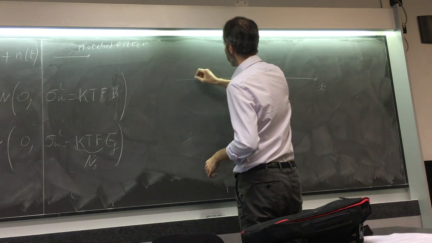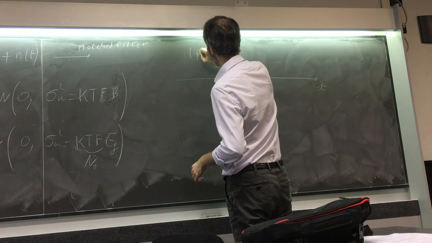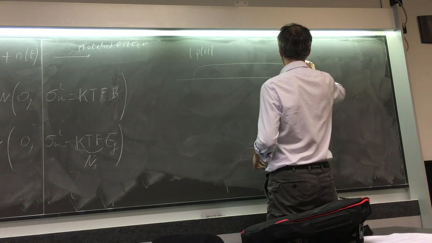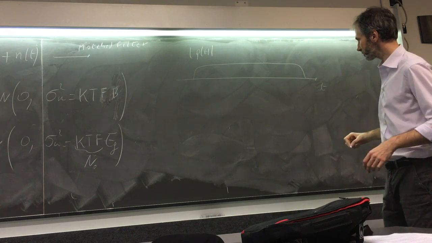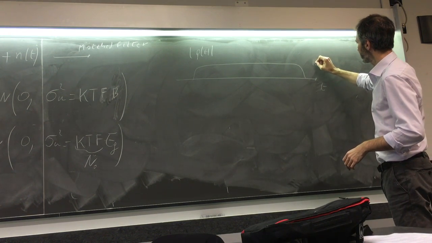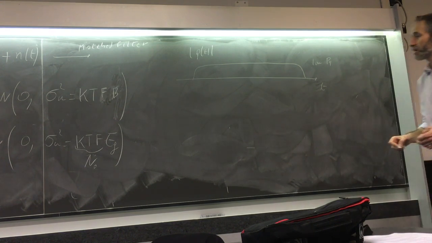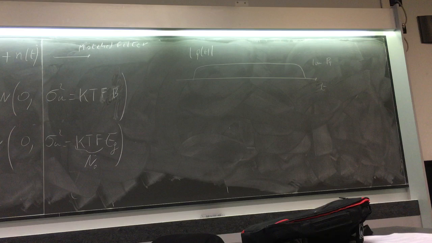So this is T. Let's say that the absolute value of our signal is this one, at a low transmitted power. Because in this way, you are not stressing your hardware.